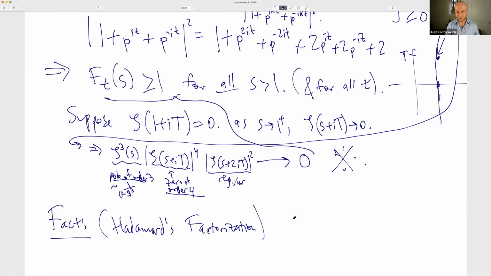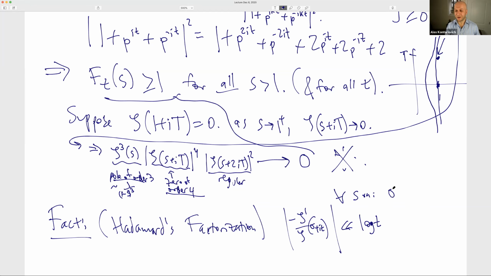What you can get is that zeta prime over zeta of s, if s is sigma plus iT, is bounded by a constant times log t for all s in the region where sigma is greater than 1 minus some little constant over log t.